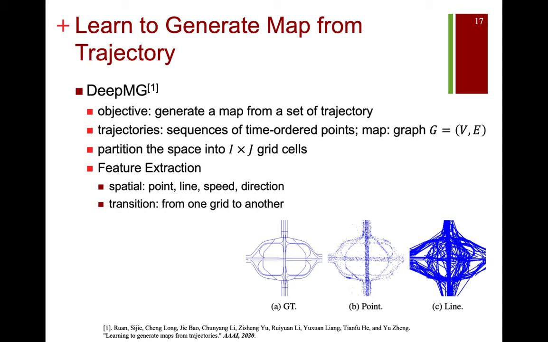It also calculates the average speed and directions. For direction, there are in general 8 directions, north, south, east, southeast, and so on. It calculates how many line segments there are for each direction in one grid cell. So in total, there are 11 spatial features forming an 11 by 1 vector for each grid cell.